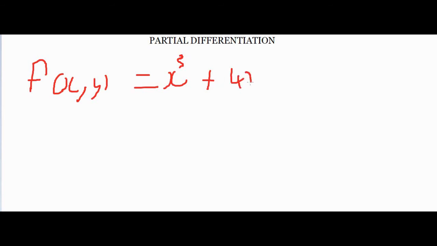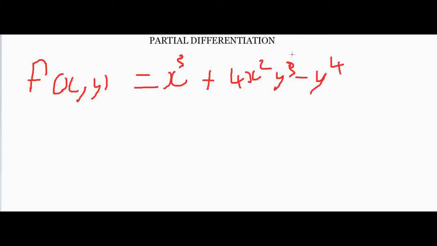Let's say we have a function f(x, y), so not just f of x but f of x and y, a function in x and y, equivalent to x cubed plus 4x squared y cubed minus y to the fourth.